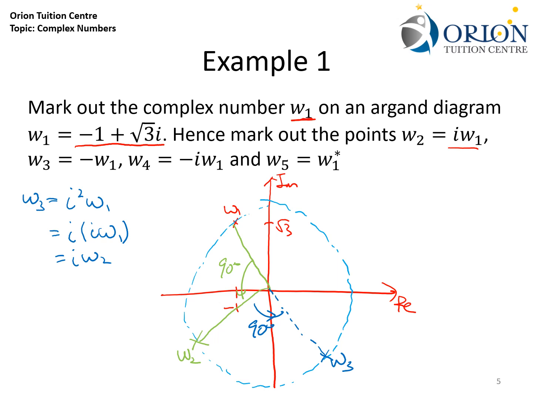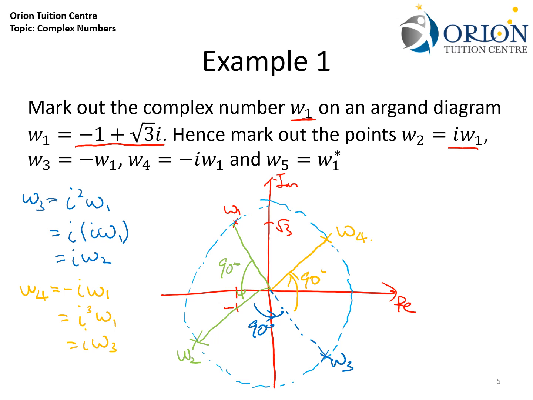Furthermore, we have w4 equals negative iw1, which is the same as i cubed w1 or iw3, and therefore it is a further 90 degrees anti-clockwise rotation of w3 about the origin, which ends up over here.